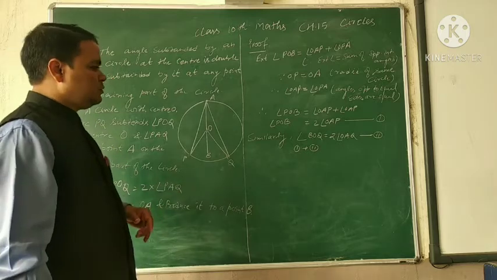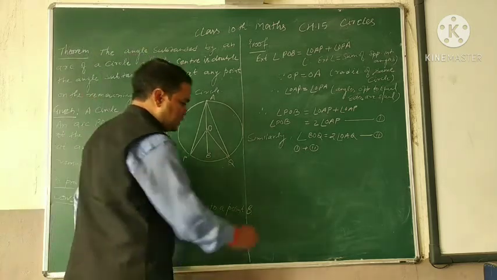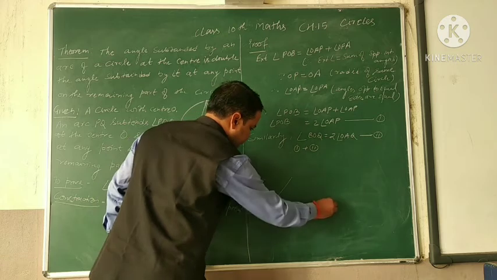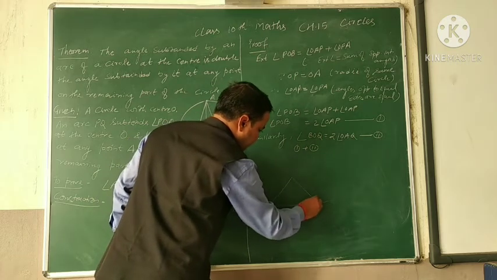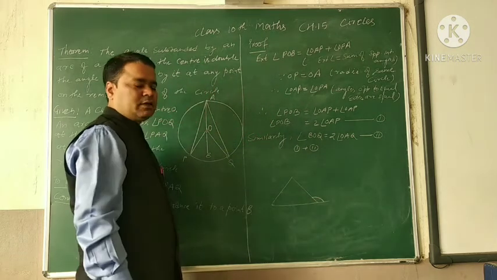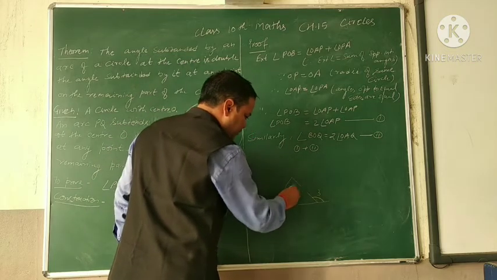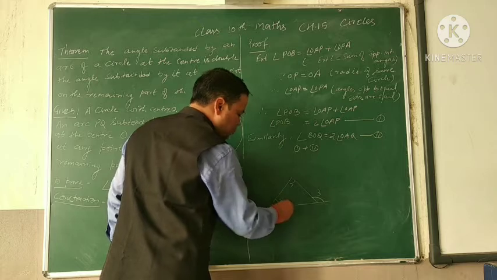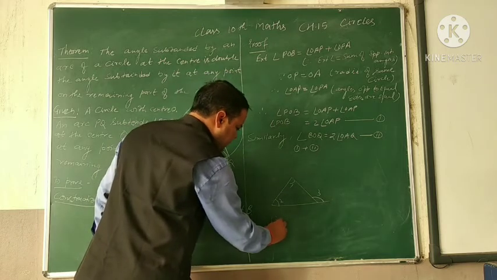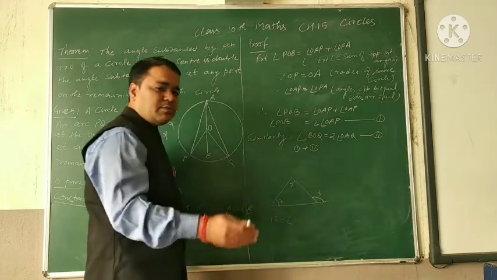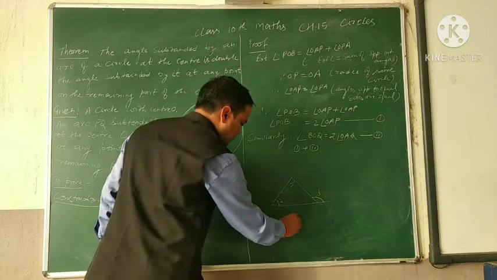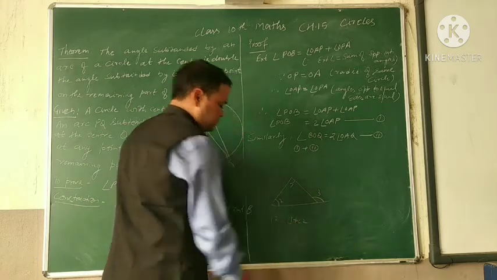Okay. Now what do we do? Dear student, did you know that in a triangle, if you take an exterior angle 3, and here 1 and here 2, then exterior angle 3 is equal to the sum of the opposite interior angles, means angle 1 plus angle 2.